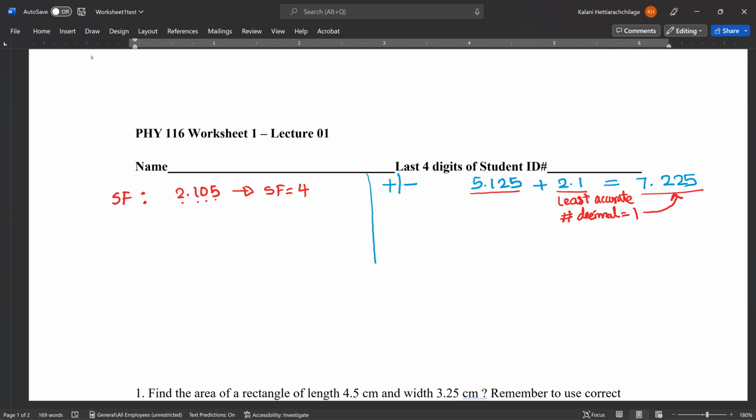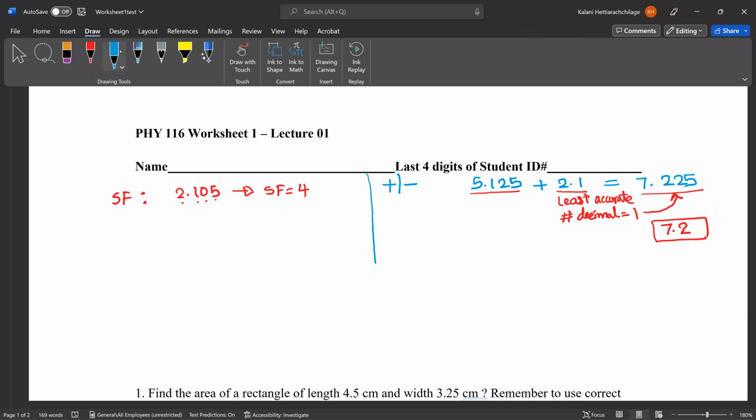That means I should have 1 decimal in the final answer. So my final correct, accurate answer is 7.2. That is the addition and subtraction rule, right?